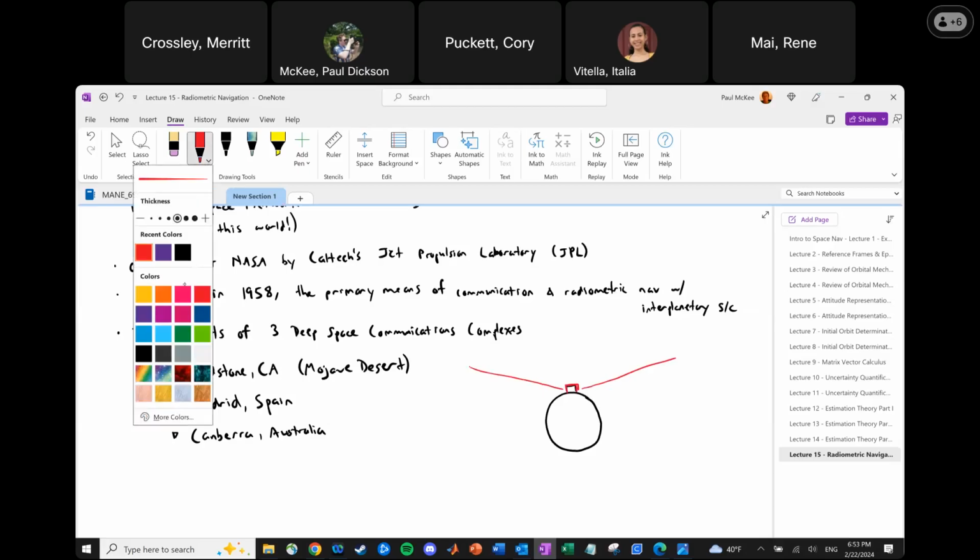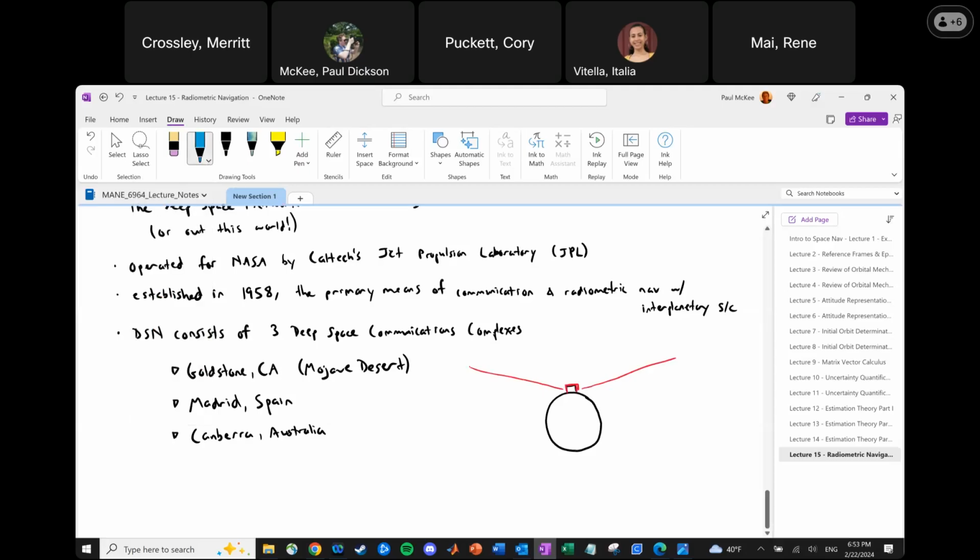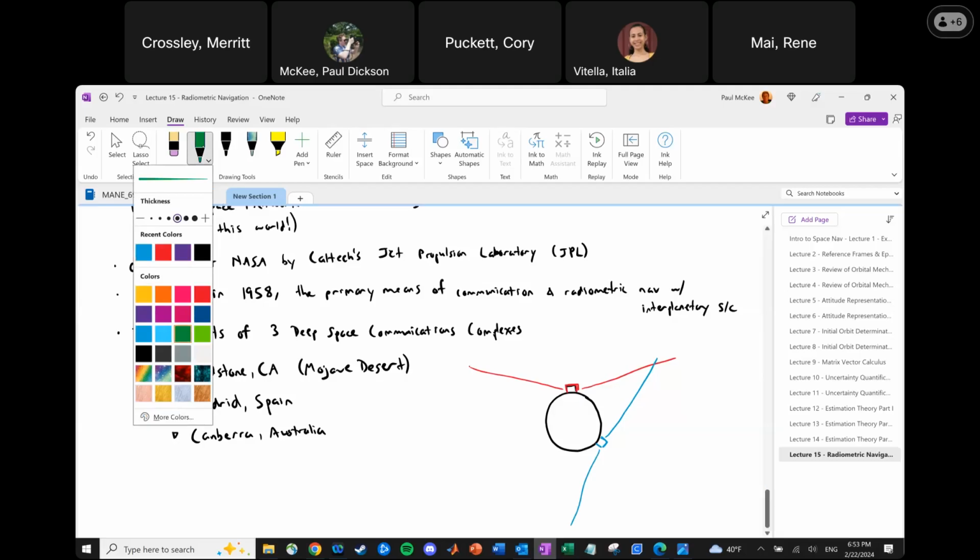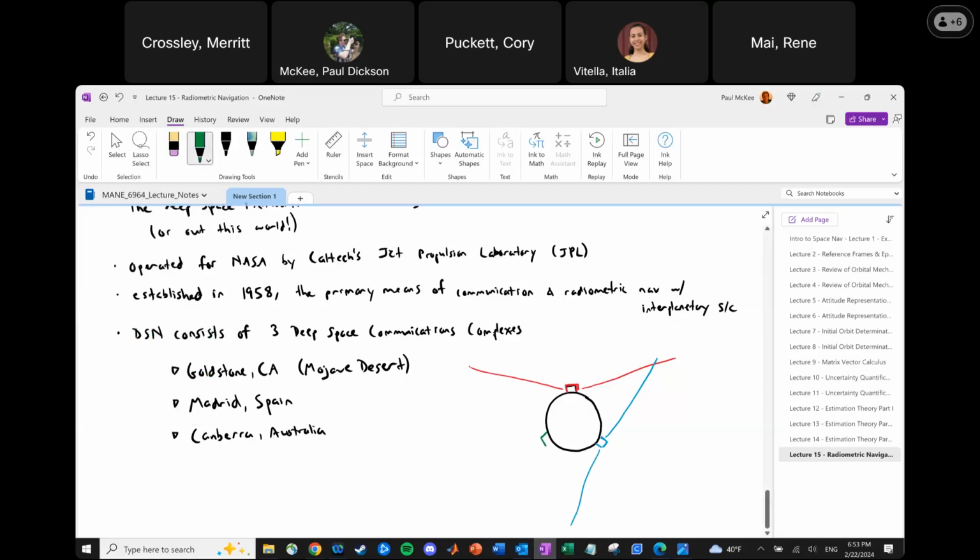Then a blue ground station, which provides coverage to everything that it can see. And then a green ground station, providing coverage to everything that it can see. Then we have these 3 blind spots, which are relatively close to the Earth, but everything else can see at least 1 ground station, and some areas can see 2.